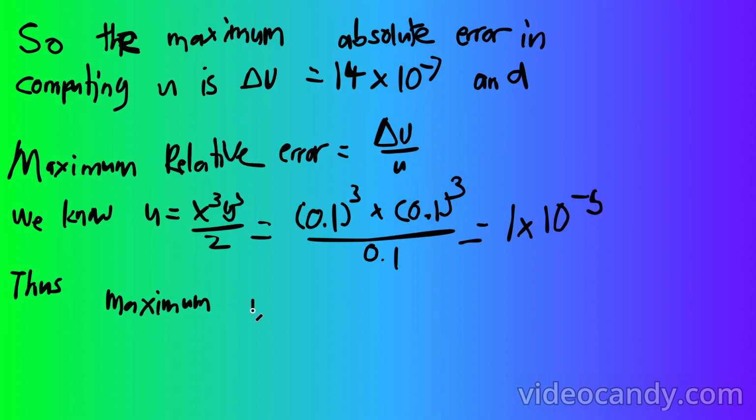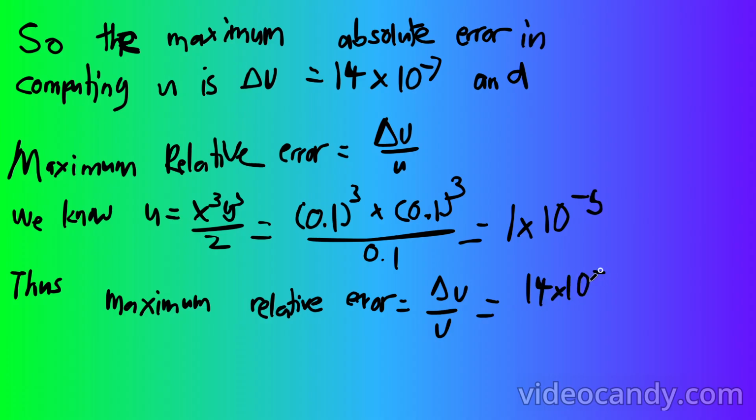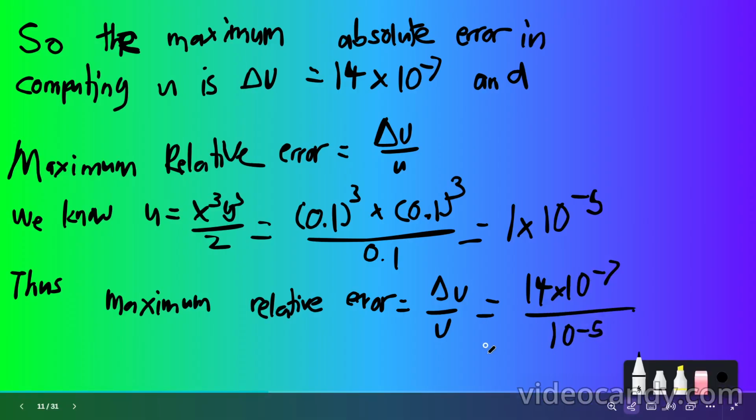Thus the maximum relative error, triangle U per U, equal to 40 times 10 kuasa negatif 7 divided by 10 kuasa negatif 5, so equal to 14 times 10 kuasa negatif 2. So that's the answer.